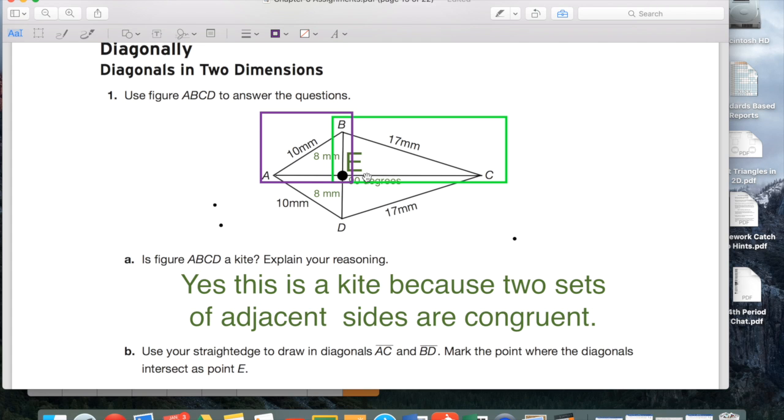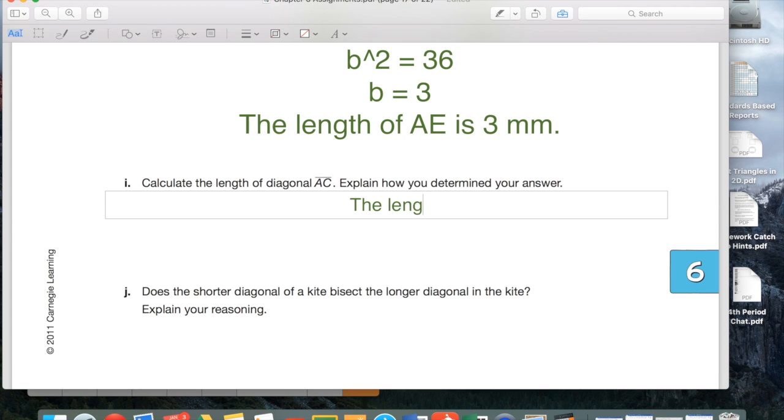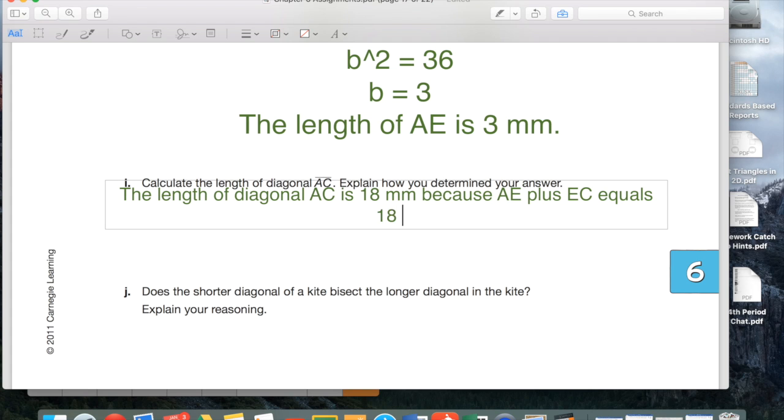So 3 plus 15 would be 18. The length of diagonal AC is 18 millimeters because AE plus EC equals 18 millimeters.